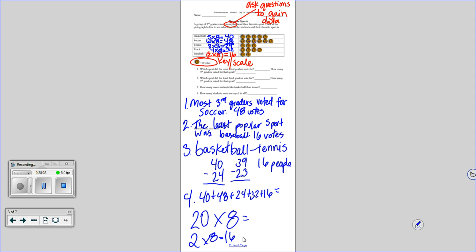What is 16 tens worth? 160. So how many students did they survey? Could you add them all up? Yeah, that's totally fine. That works for math.